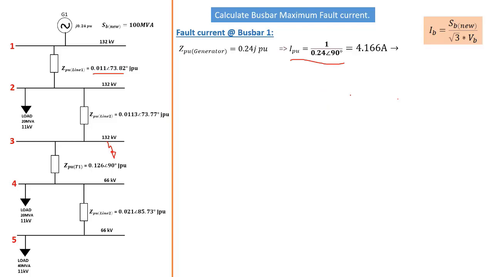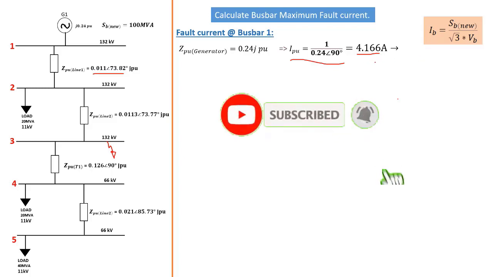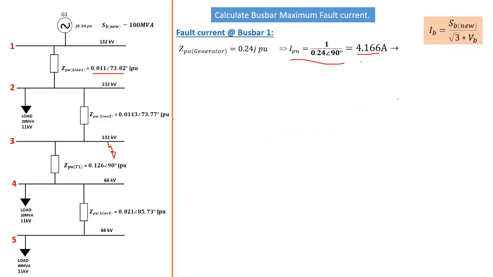The 1 here represents the 1 volt per unit. Please look at the previous tutorial where we introduced that formula. This gives us a current of 4.166 amp. Now that is the per unit current. This is not the short circuit current. This is the per unit current in terms of percentage from a 1 volt per unit perspective.